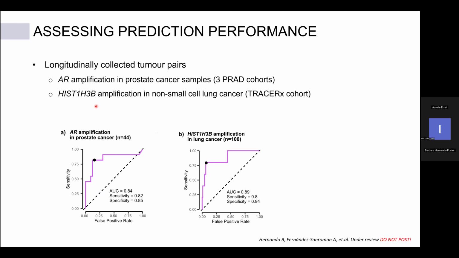And actually, what our results show is that we are able to identify the patients that are going to acquire those oncogene amplifications with high sensitivity and specificity. So we validated the performance of this forecasting framework.